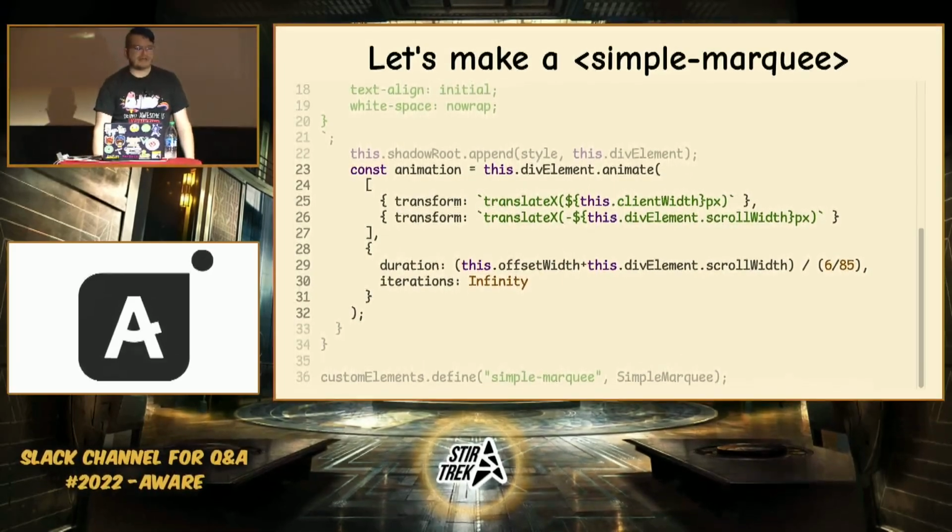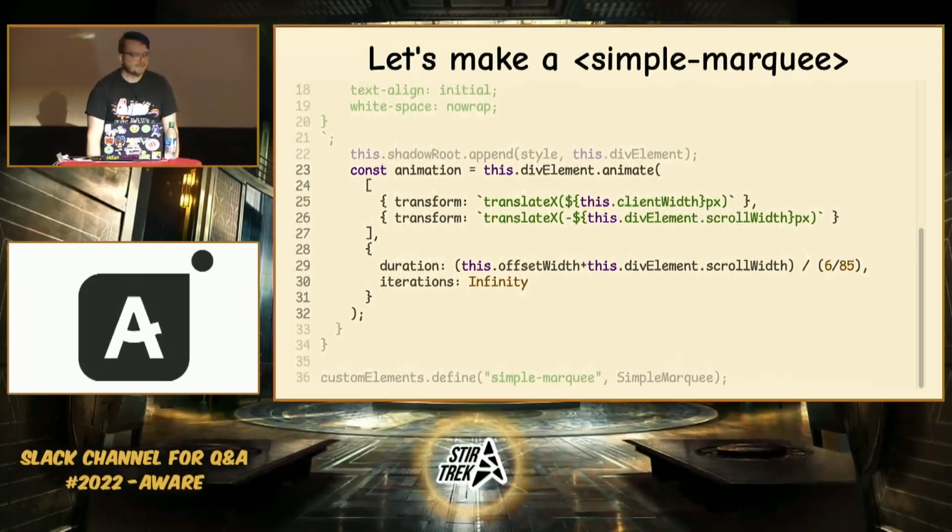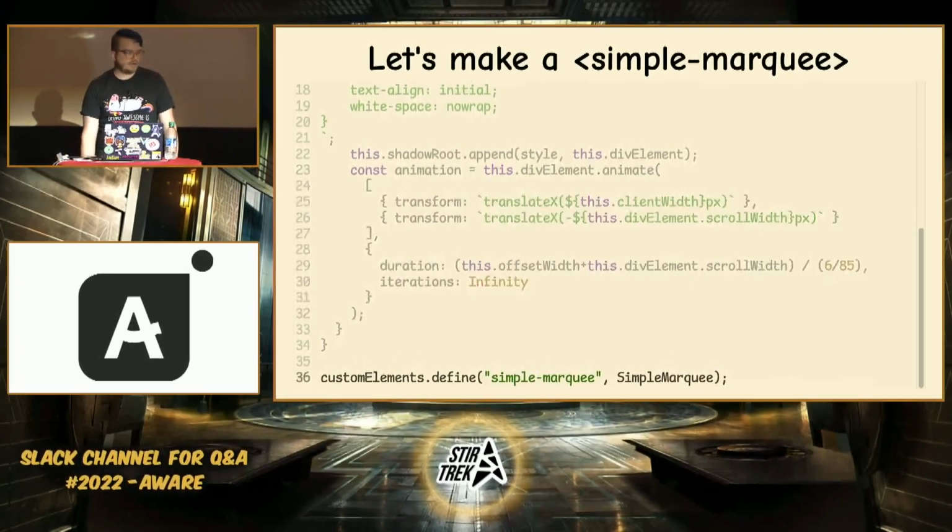The amount of time it's going to take is a magical amount of time. This is a magic equation. There's a reason for it. I'm not going to explain it right now. Just know those are the defaults of marquee. It is correct, and it works. And then it's going to do this forever. Cool. And we're going to then make our simple marquee element.